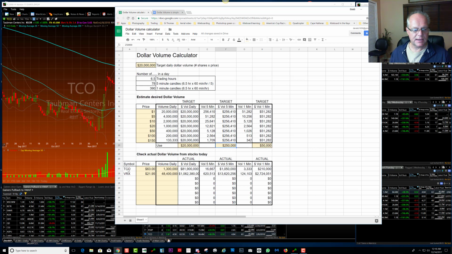So if we do an example of TCO today, its volume was 1.3 million shares, and it's roughly a $63 stock. So its dollar volume today was 81.9 million. On a 5-minute candle, it had 16,000 shares average throughout the day, and a 5-minute dollar volume of 1 million.